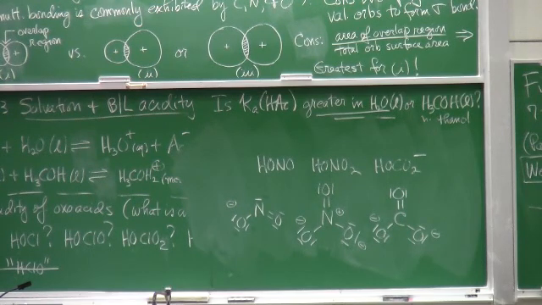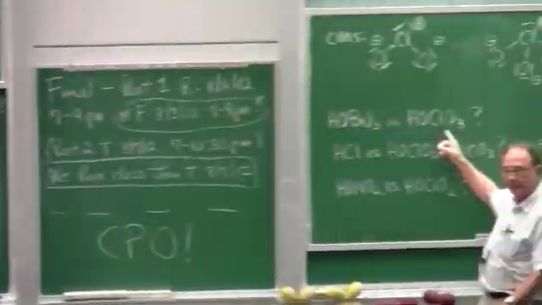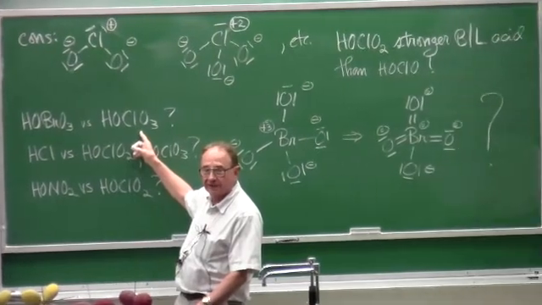Now, let's look at these two. To assist us in getting at HOBrO3 and its acid strength versus HOClO3, keeping in mind again that HOClO3 is perchloric acid.